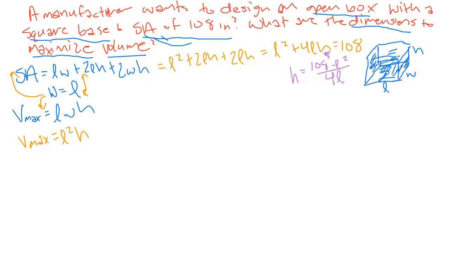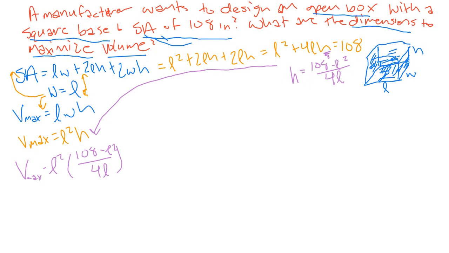Now that we have an H, we can plug this back into here, which gives us our volume is equal to L squared times 108 minus L squared over 4L, which will then simplify to L times 108 minus L squared over 4.